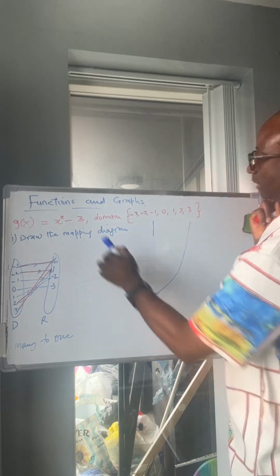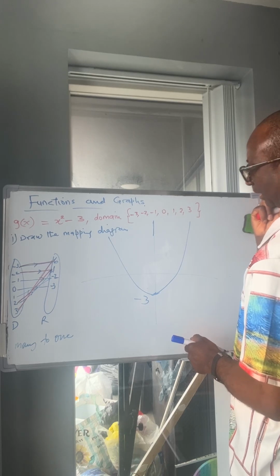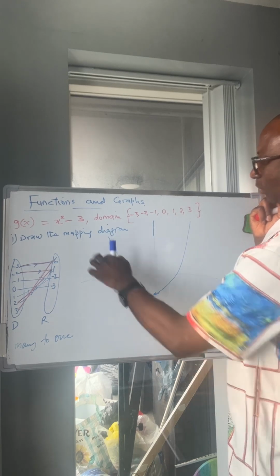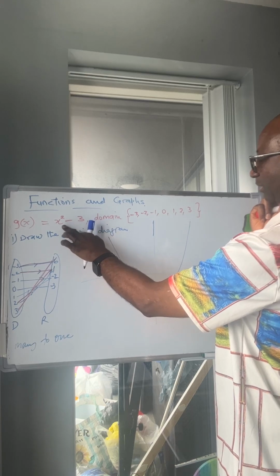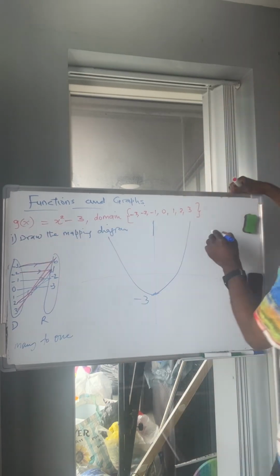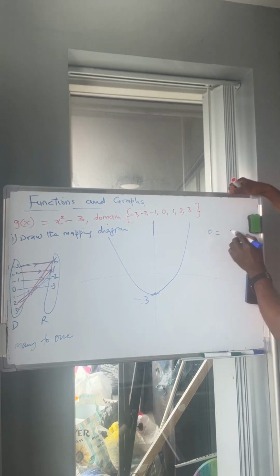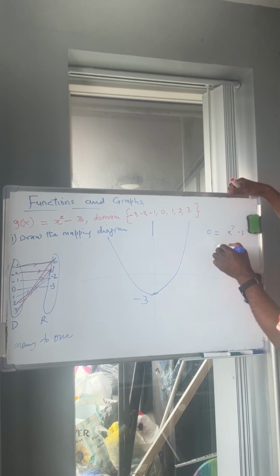The x-axis is crossed when y is 0, so x squared minus 3 equals 0, and x is the root of 3.